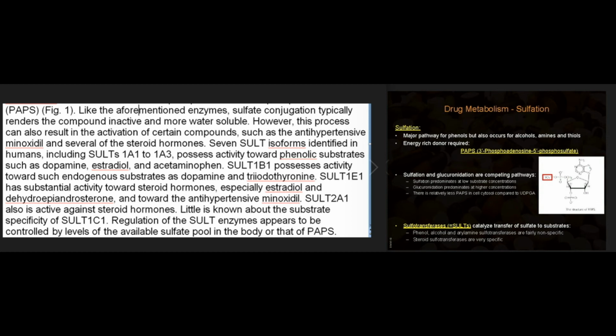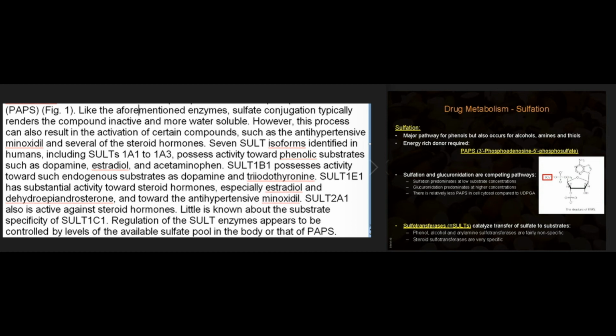However, this process can also result in the activation of certain compounds, such as the antihypertensive minoxidil and several of the steroid hormones. Seven SULT isoforms identified in humans, including SULTs 1A1 to 1A3, possess activity toward phenolic substrates such as dopamine, estradiol, and acetaminophen.